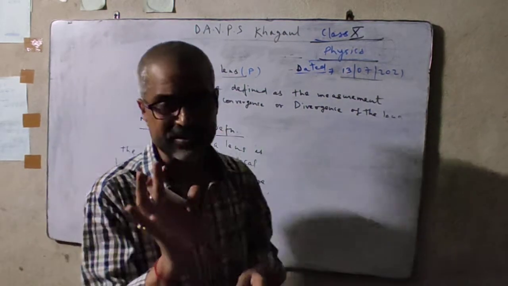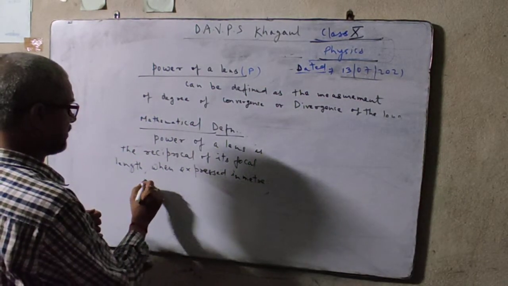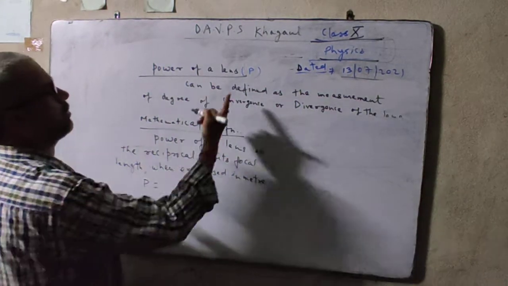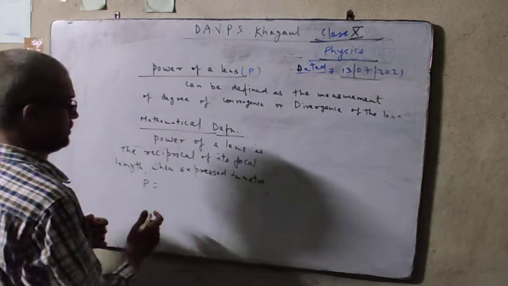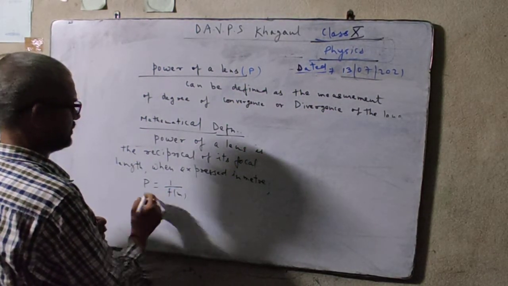Focal length should be expressed in meter. Or we go see the formula we give. P means power, and P is equal to 1 by f. This is the formula.